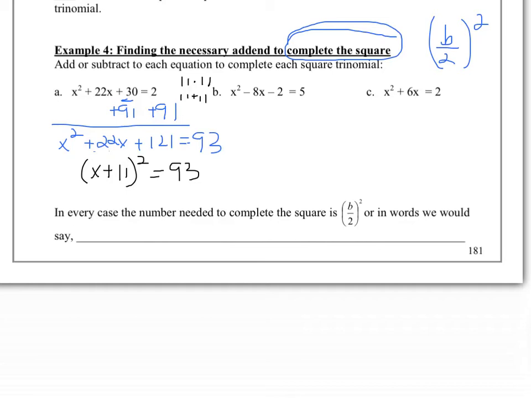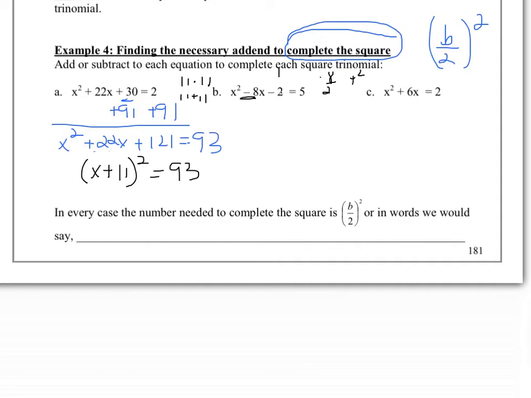Okay, let's try part B. Here we see that we cannot factor because there are not two numbers that multiply to -2 that also add to -8. So I'm going to take my middle term, my B term, which is -8, and divide it by 2. -8 divided by 2 is -4, and -4 squared is 16.